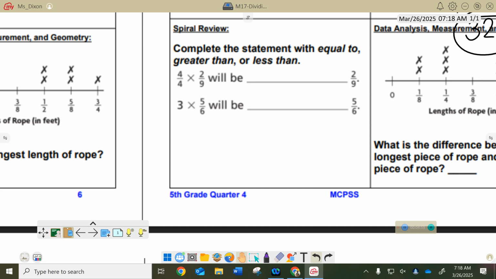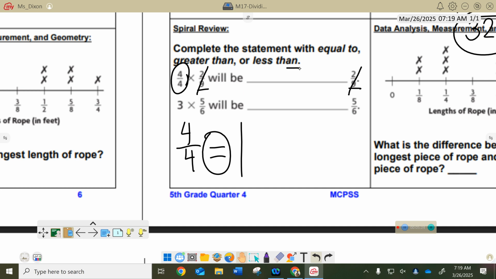So we have 2/9 repeated, so that is what we are ignoring. We are going to compare 4 over 4 to 1. 4 over 4 is equal to 1. So our answer is going to be that 4 over 4 times 2 ninths will be equal to 2 ninths.